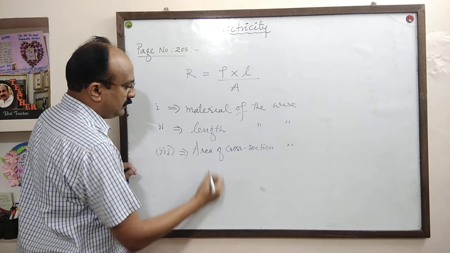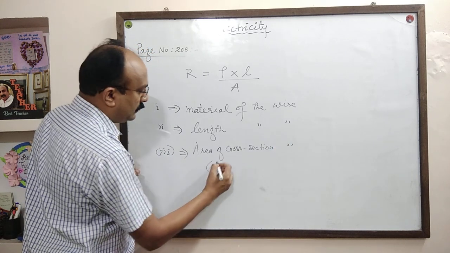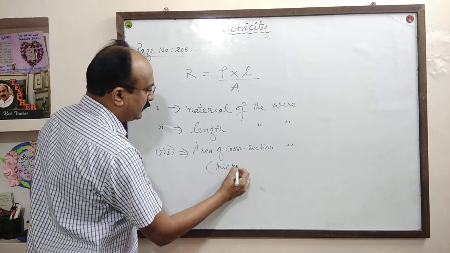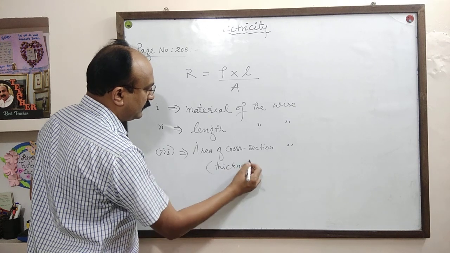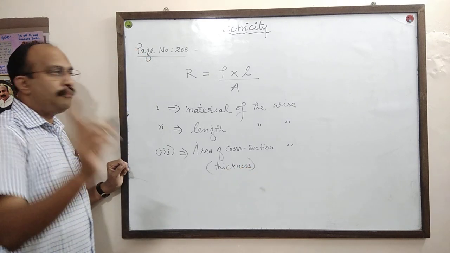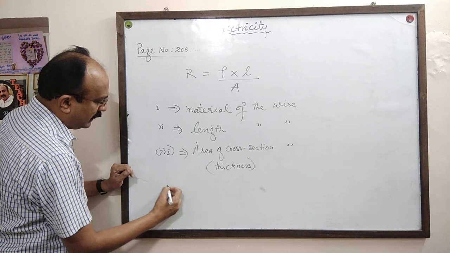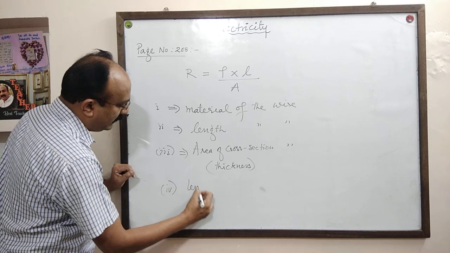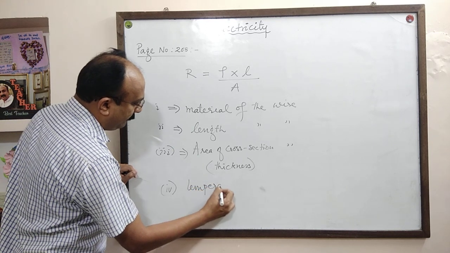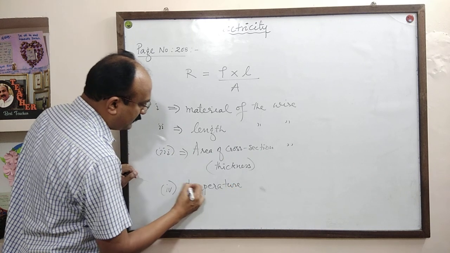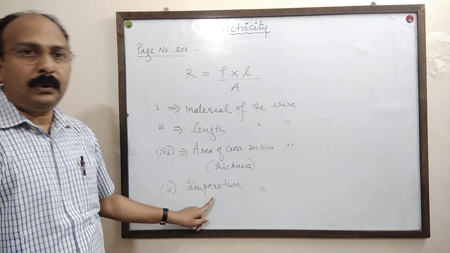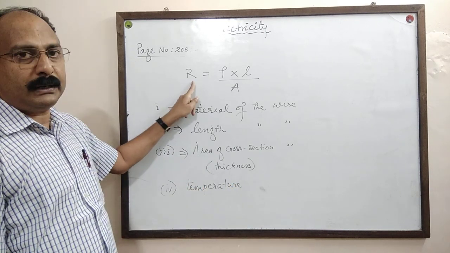Area of cross section of the wire, or it is also known as thickness of the wire. And I may add one more point to this answer, and the fourth point is temperature. Because temperature can also affect the resistance of a conductor.